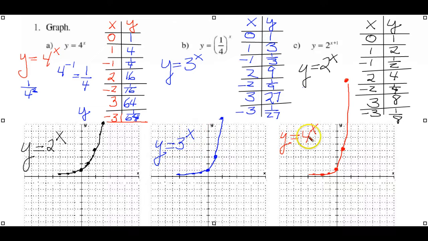And here is the curve, the actual one we're supposed to be doing in this mini lecture, y equals 4 to the x power, and that's this red line.